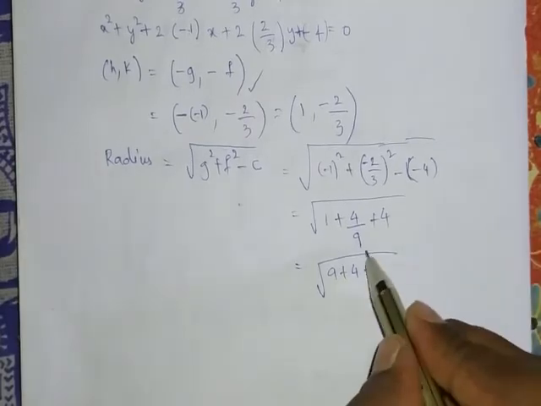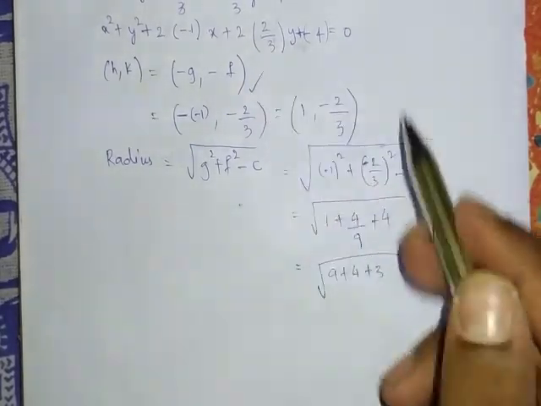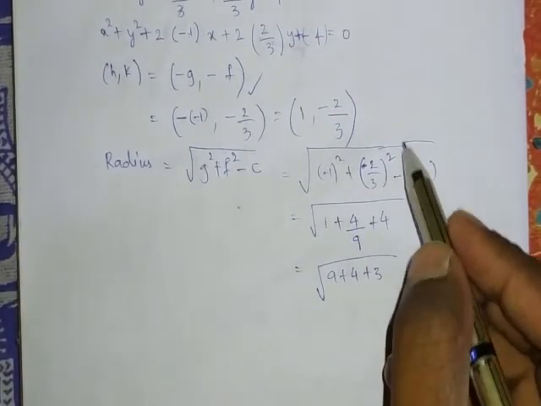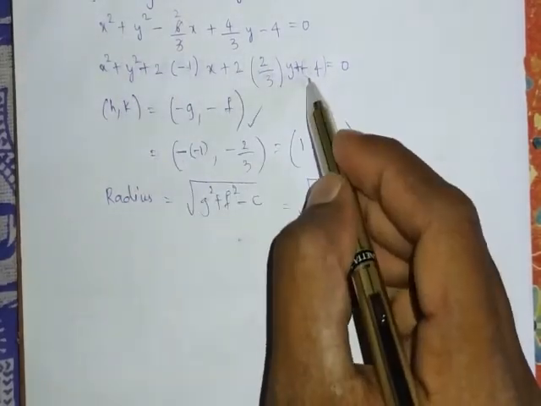The value, sorry, this is plus only, because the value of f is 2 by 3, and minus 1 whole square plus 2 by 3 whole square, 4 by 9. Sorry, we made a mistake here. We divided the whole equation by 3, but we forgot here.